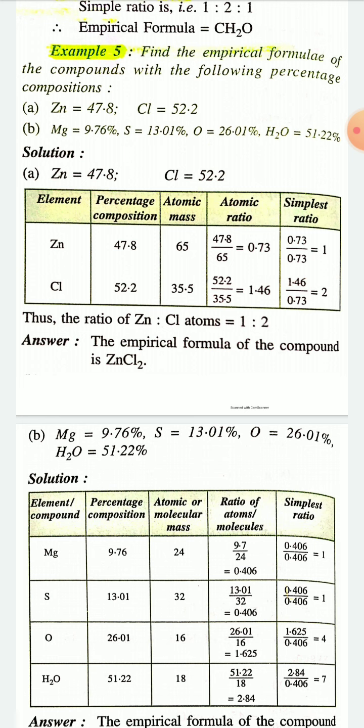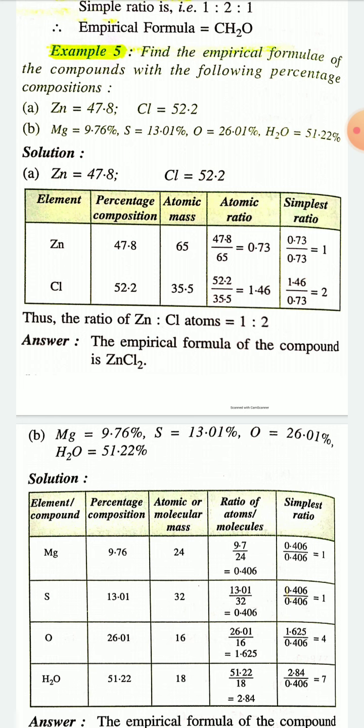And for the atomic ratio of chlorine, we have to divide 52.2 by the atomic mass of chlorine, that is 35.5.